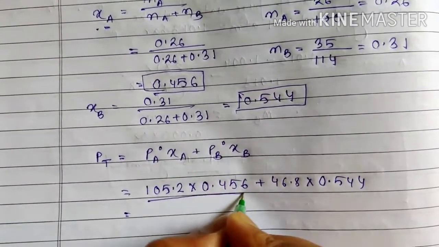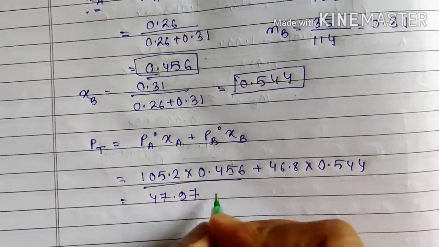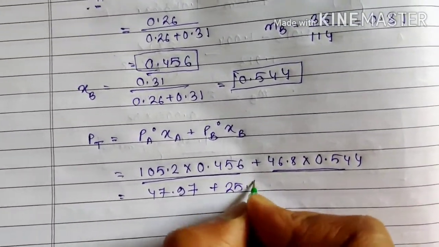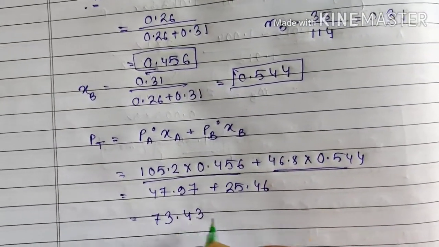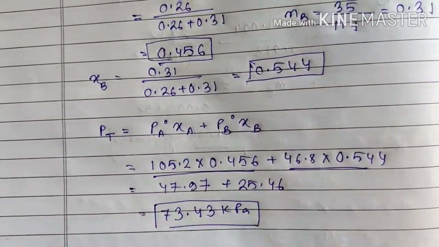If you calculate this much separately, you will get 47.97. If you calculate this much separately, you will get 25.46. So you will get 73.43 kilopascal. So we are getting the answer like this.